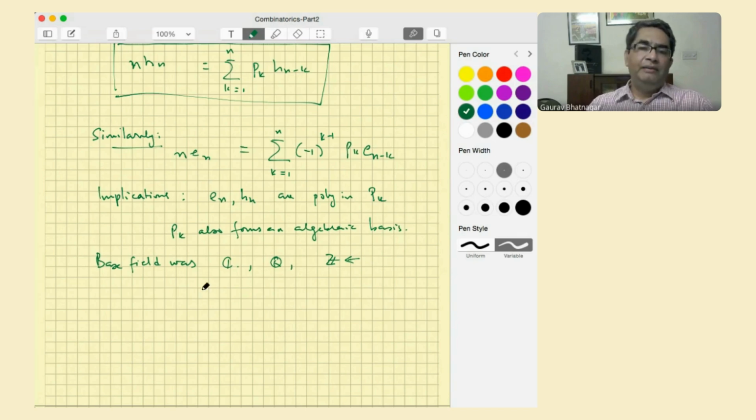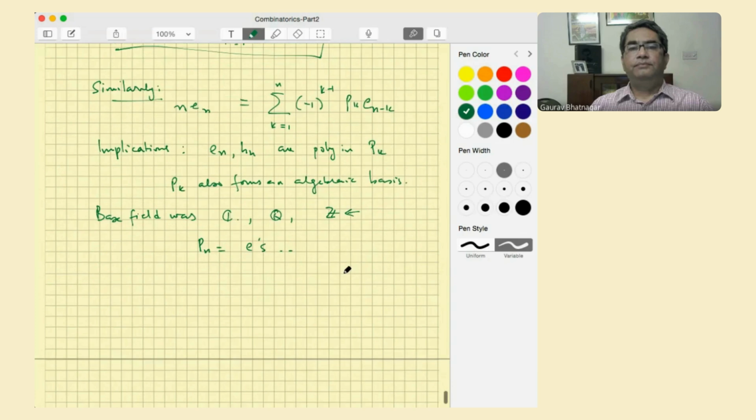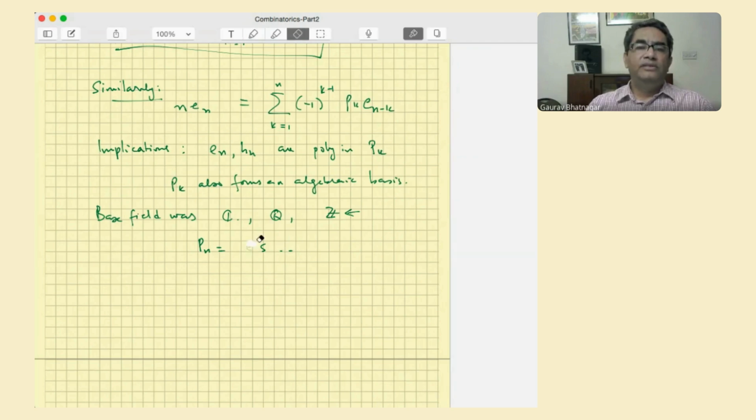So when you're writing p_n in terms of e's, you may need to divide by something, or vice versa if you're writing e_n's in terms of p's. No, this is always okay.